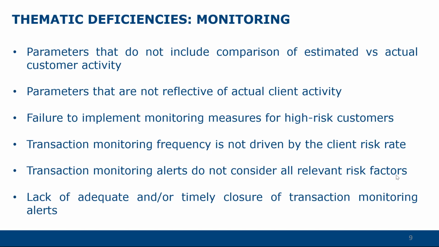Clearly, the threshold of 30 is not reflective of the actual client activity. It was noted that this was as a result of use of off-the-shelf applications without modifying the parameters in those applications to suit the nature and complexity of the entity's operations.